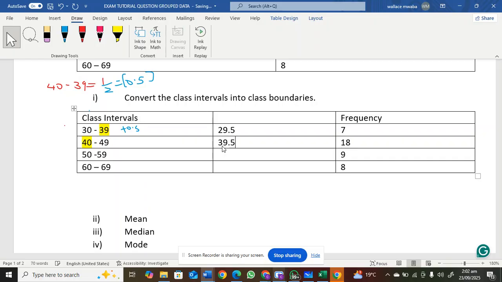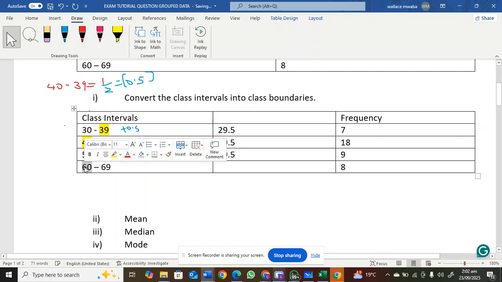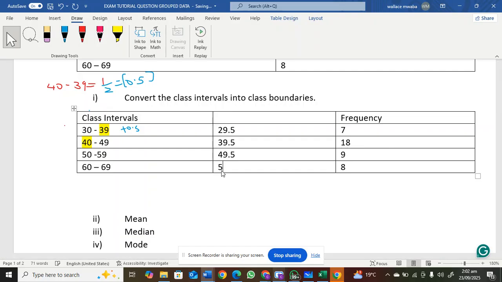We're subtracting the 0.5 from all the lower limits. 50 minus 0.5 is 49.5. 60 minus 0.5, 59.5.